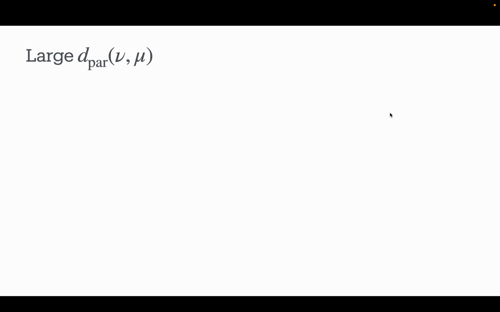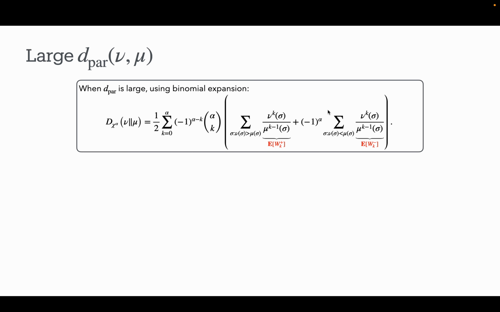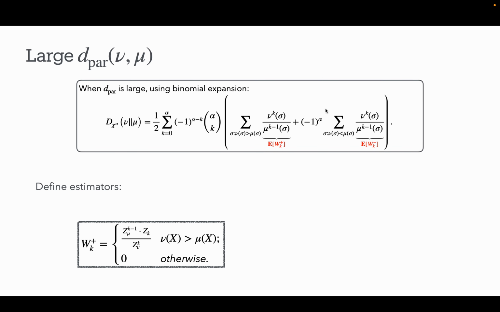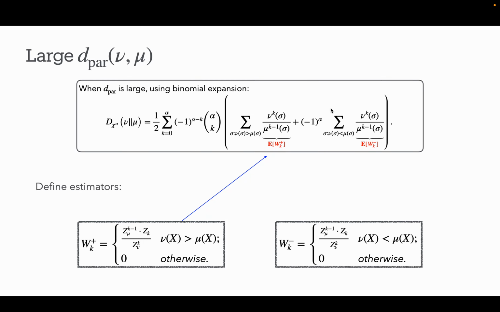When the parameter distance is large, we can use the binomial expansion and define the estimators as below. W_k plus equals Z_μ to the power of k minus 1 times Z_k, where Z_k is the partition function of the k-th Ising model in the family, and otherwise it equals 0. And similarly, we define W_k minus.